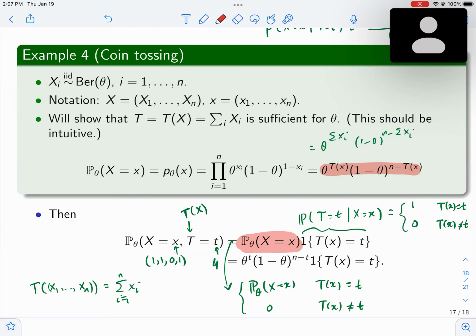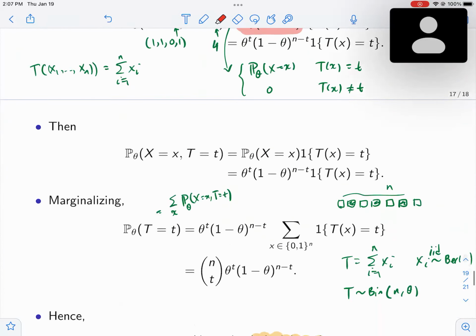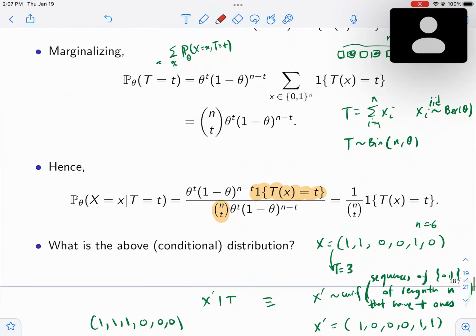So we went through the calculation, calculating this conditional distribution of X given T. This is a discrete example, so everything is easy to work out. And in the end, we ended up with this conditional distribution that says, if I condition on the sum, then the distribution of X given that sum is uniform on all sequences that have the same sum, and this doesn't depend on theta.